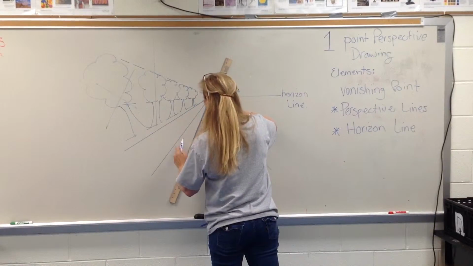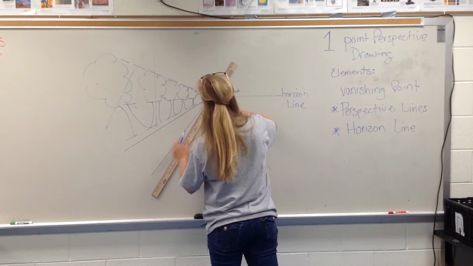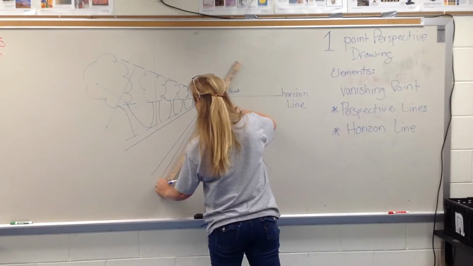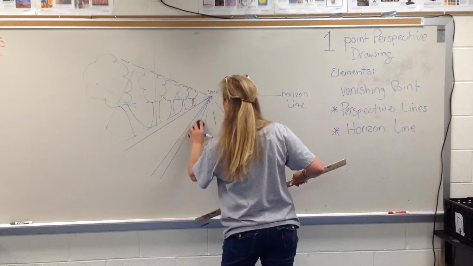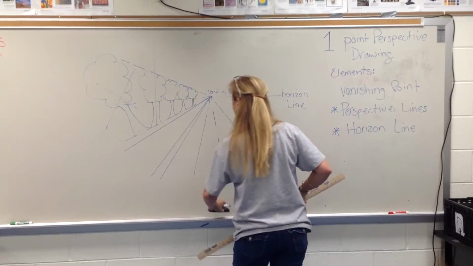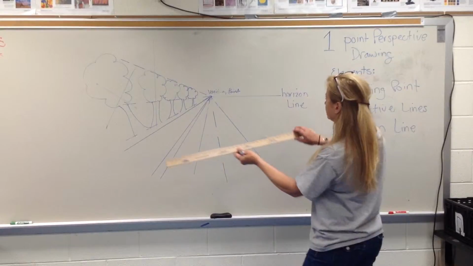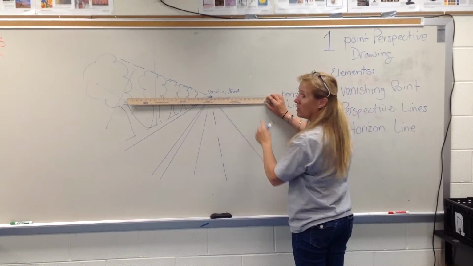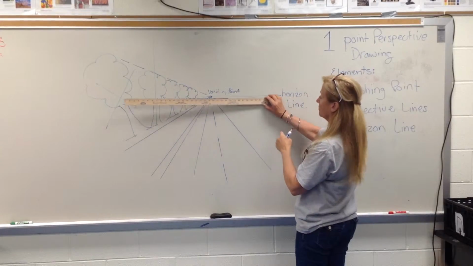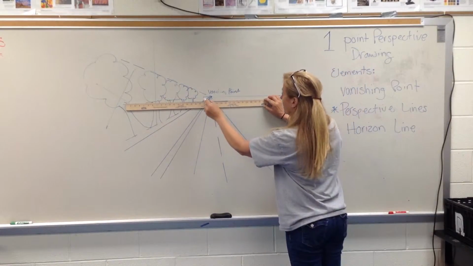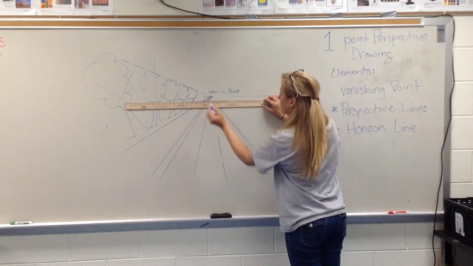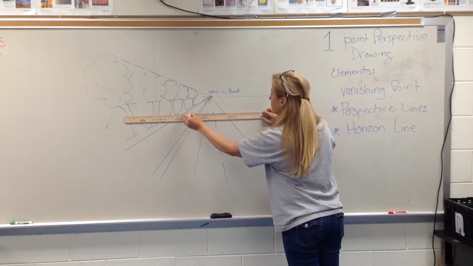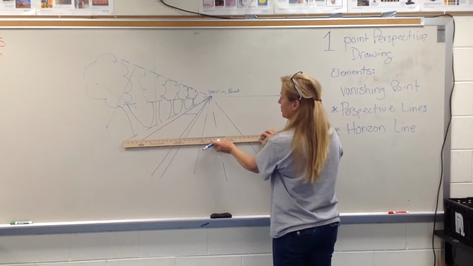Everything that we do, whoops, that's going to be too much. Everything that we do with perspective drawing, you're either going to have perpendicular lines or you're going to have horizontal lines. This is a sidewalk. So I'm going to hold my ruler parallel with my horizon line. And then I'm going to make marks on my sidewalk like this. When things get closer to you, they get larger.